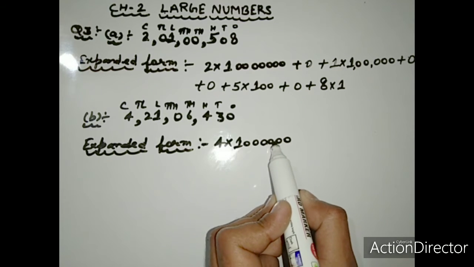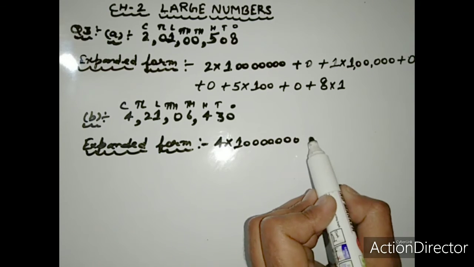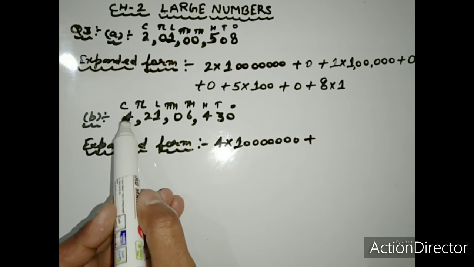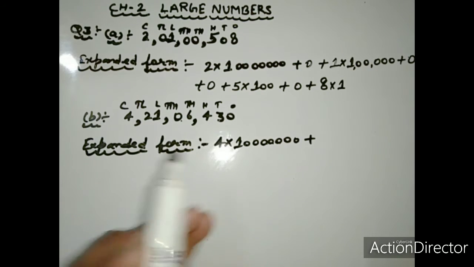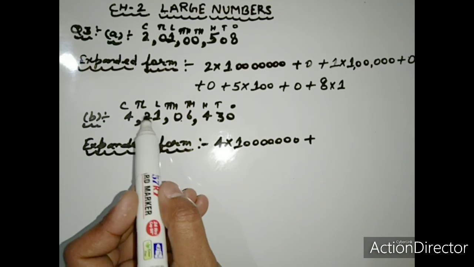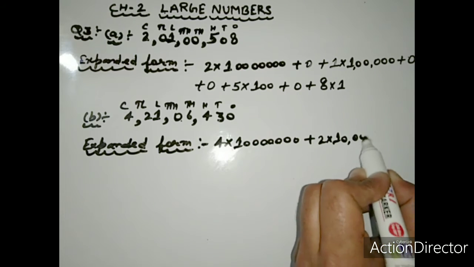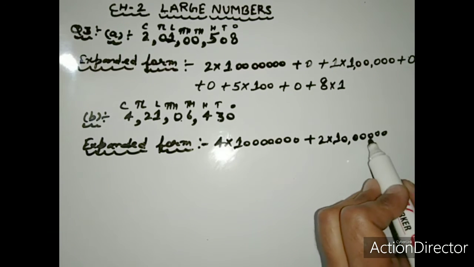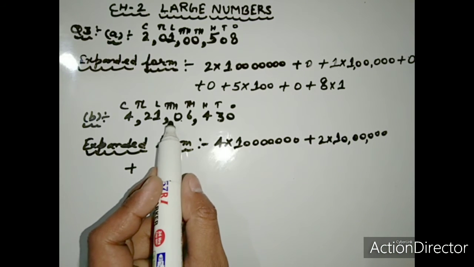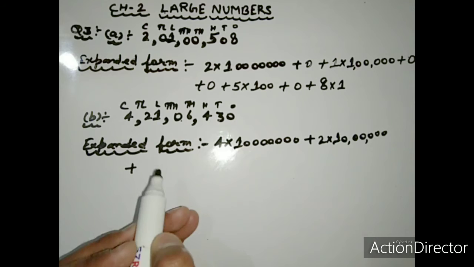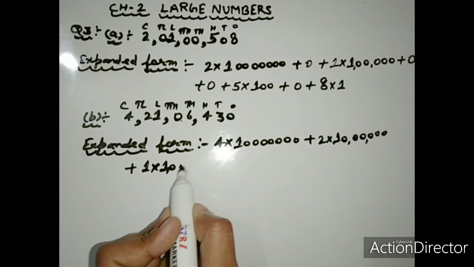1 2 3 4 5 6 7. So here we put 7 zeros and 4 multiply by 1 crore. Now 2 in the 10 lakh place, so here 2 multiply by 10 lakh. Now 1 in the lakh place, so here 1 multiply by 1 lakh.